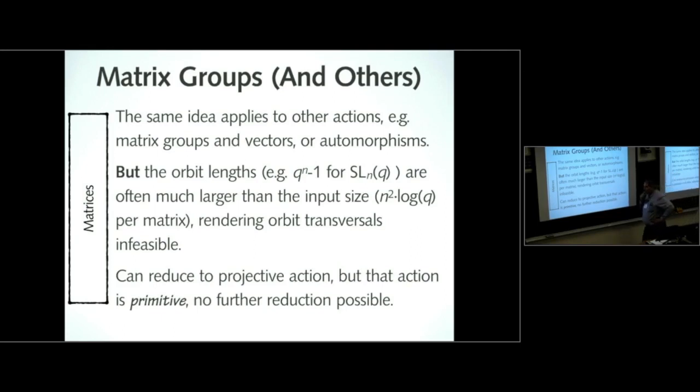But there is a problem, and the problem is orbit length. I mentioned before, slightly sneakily on the side, that for orbit calculations to work fast, we want the orbit to be short.